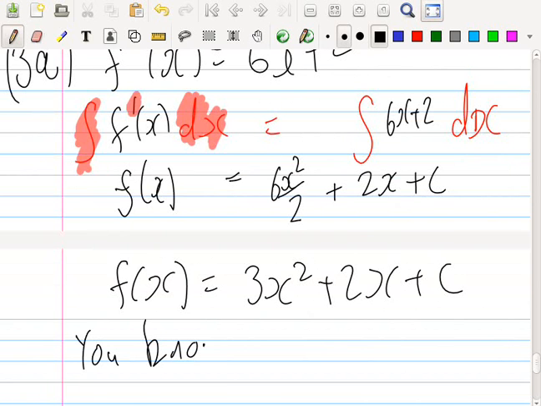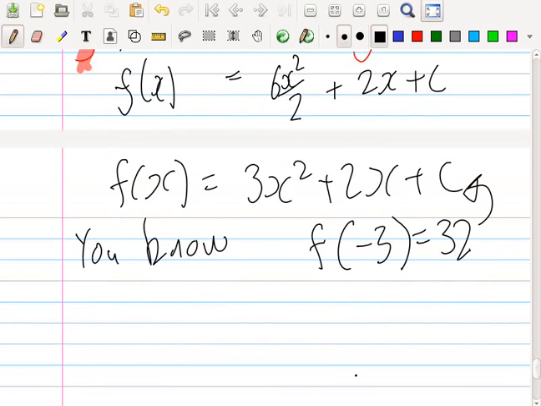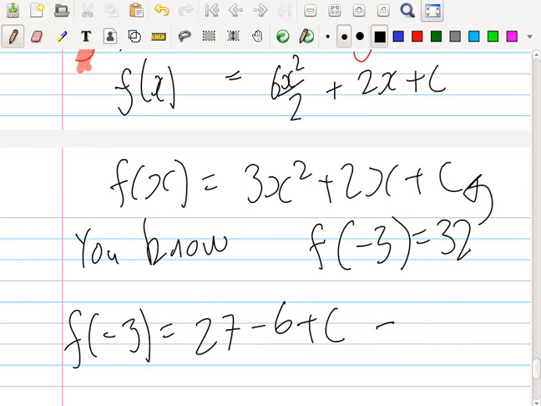You know that f of minus 3 should equal 32. This is actually enough to help you find the c, because you need f of minus 3, which would equal 27 minus 6 plus c. You need that to equal 32.